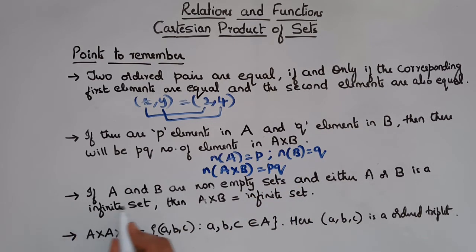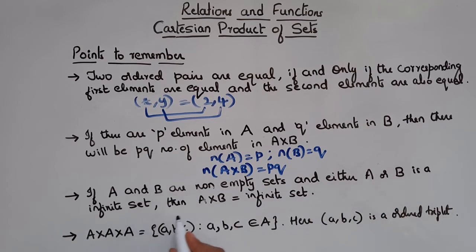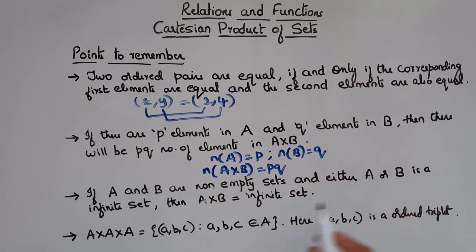Here it says if A and B are non-empty sets and either A or B is an infinite set, then A cross B is an infinite set. So if sets A and B are non-empty and any one of them is infinite, then A cross B also will be an infinite set.